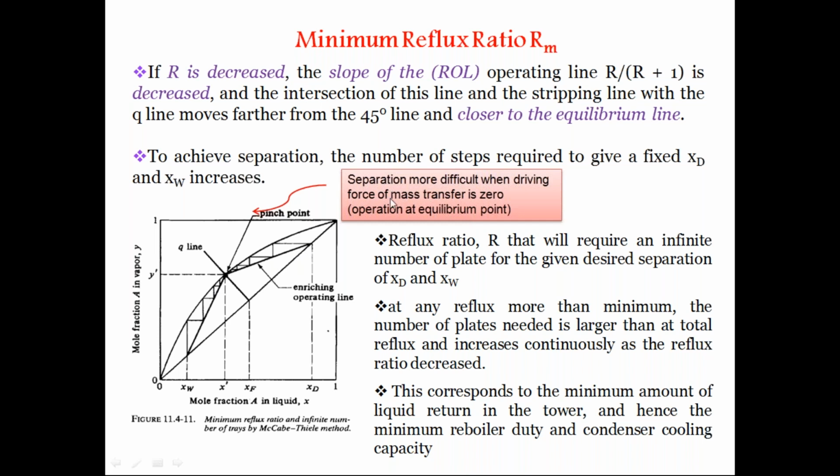The pinch point is the point where all three, feed line, operating line and equilibrium line, intersect each other. So this will limit it; in between only you have to have the reflux ratio.